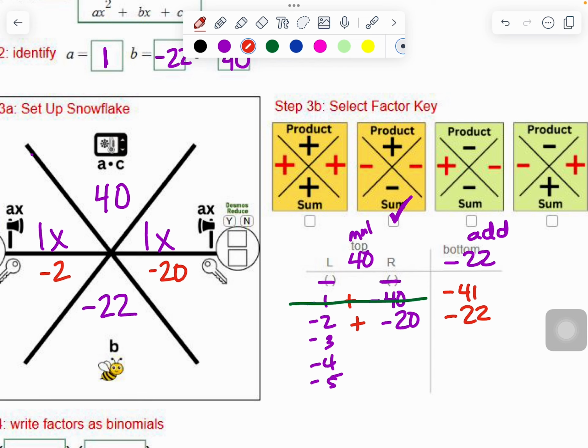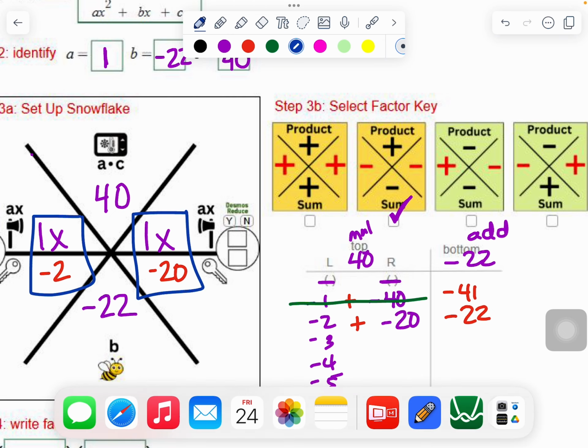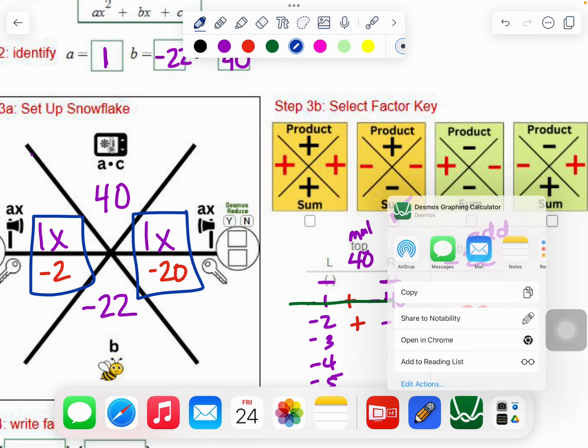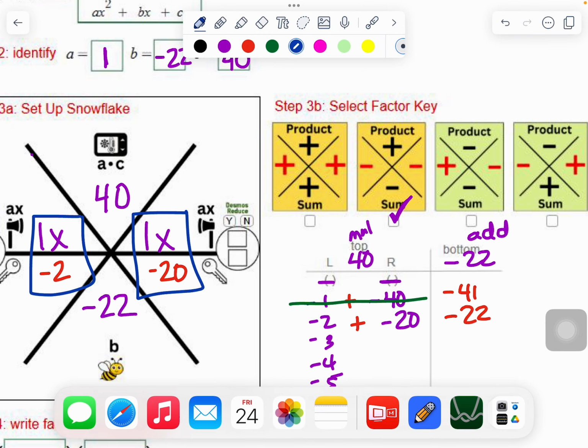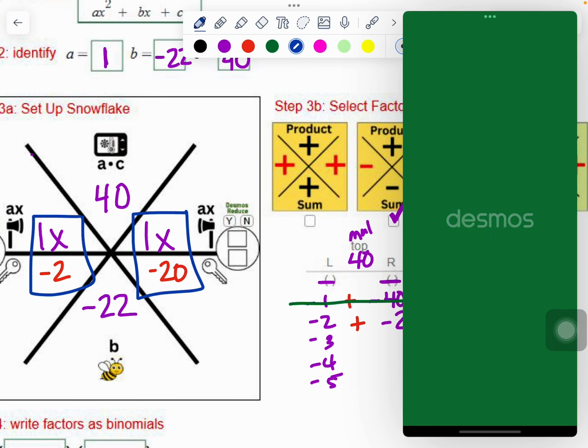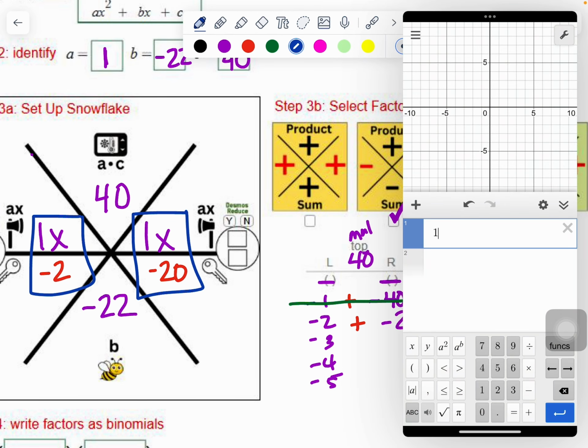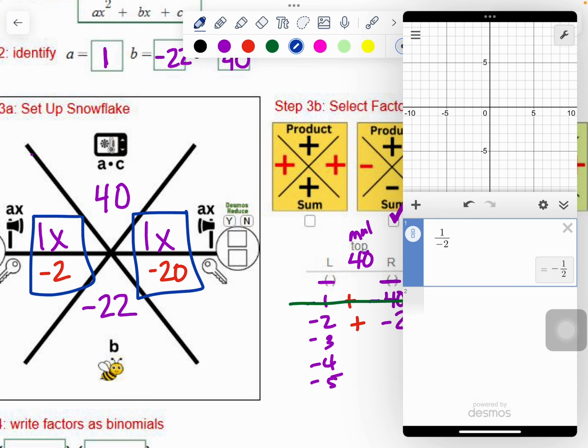Now, I said before, and I'll show you, that if I see a 1 right here, it doesn't reduce. Let me show you, just to prove it to you. 1 divided by negative 2, if I hit that circle, it just stays the same.